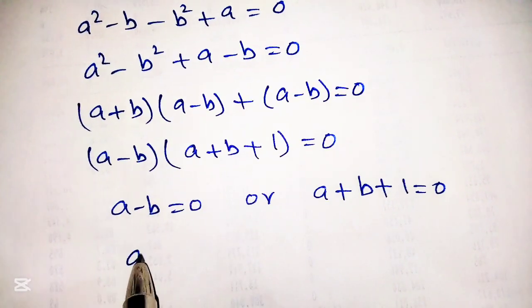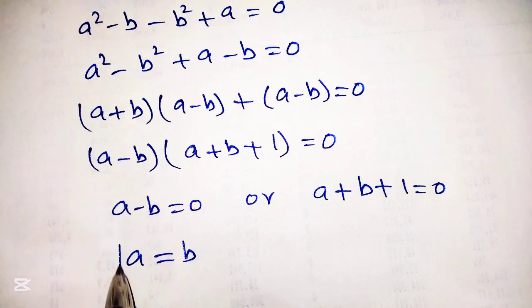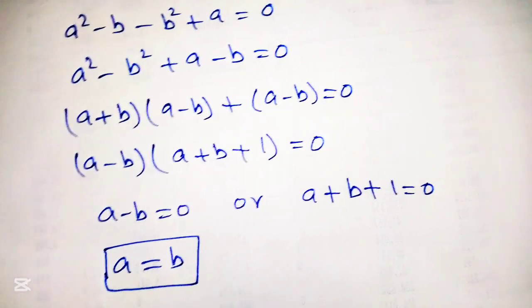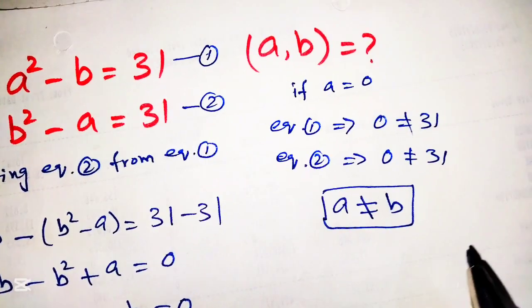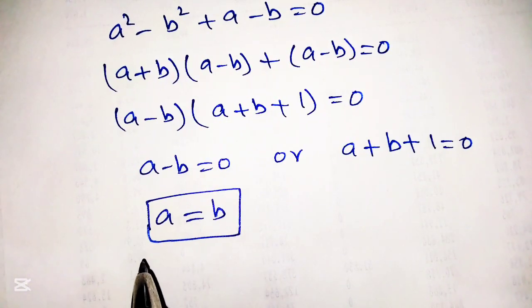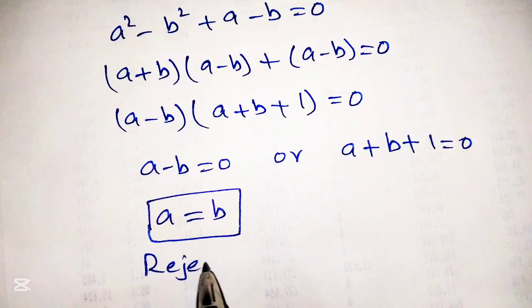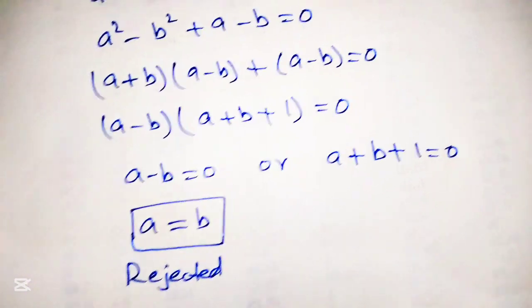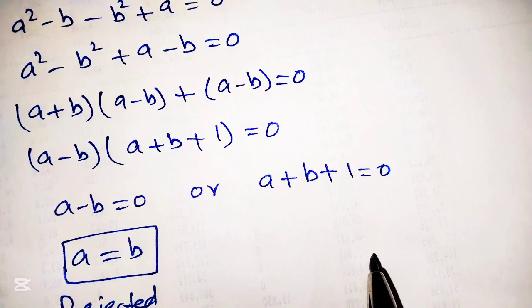From the first, a = b, which is rejected, as we stated earlier at the start of the question. So this is rejected, and we will solve the other equation for the solution.